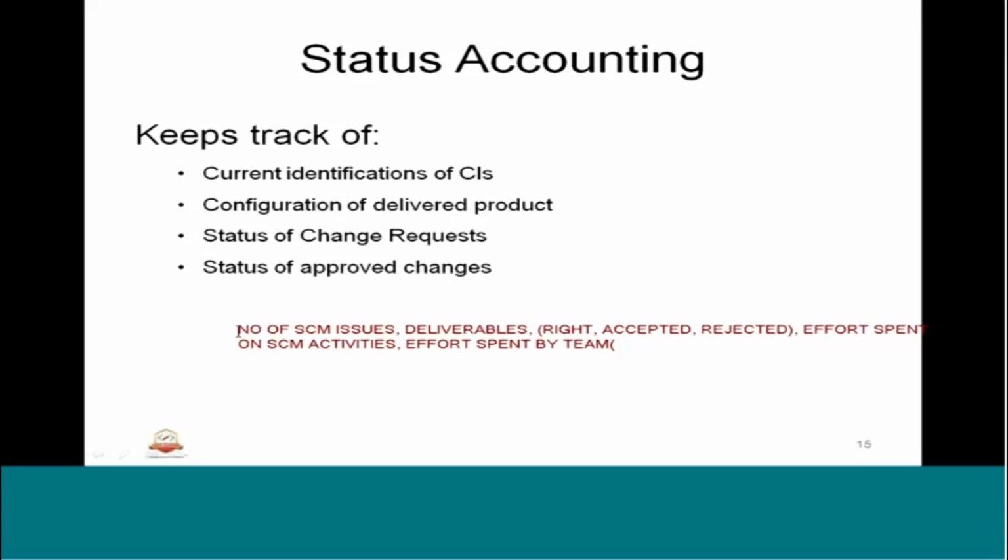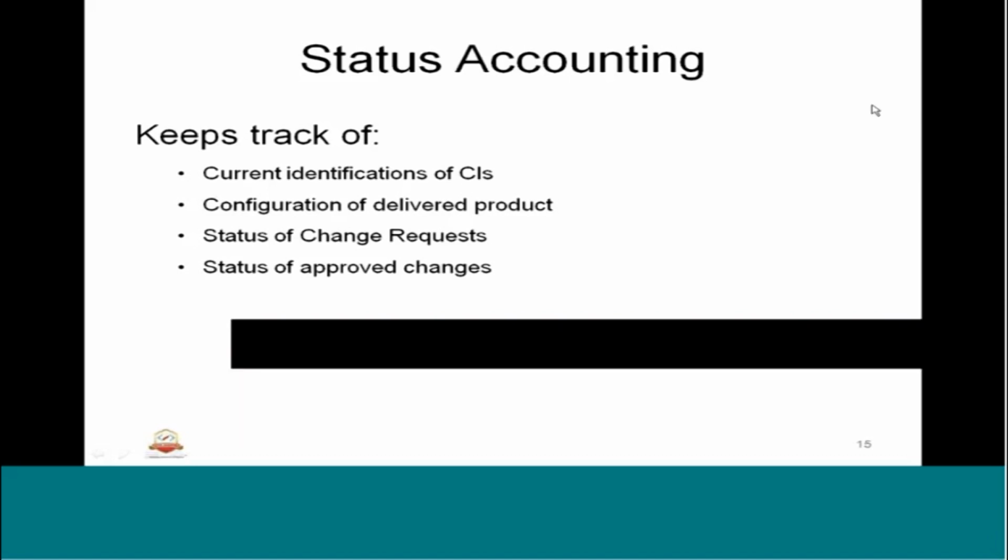Another important thing is change requests, their numbers: accepted, rejected, on hold, open, closed. All this sort of information will be part of the change request status report, which can be done by the status accounting mechanism. That's what we do with the status accounting.